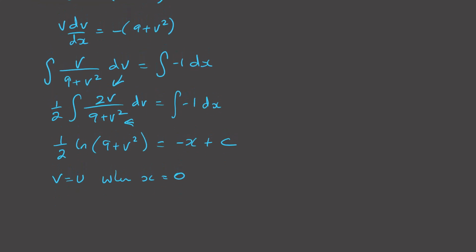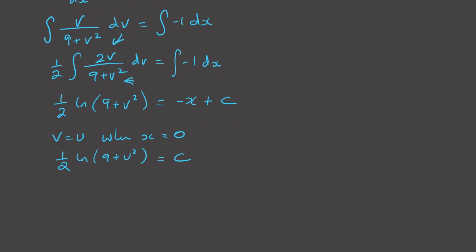And so we would have half ln 9 plus u squared is equal to c.